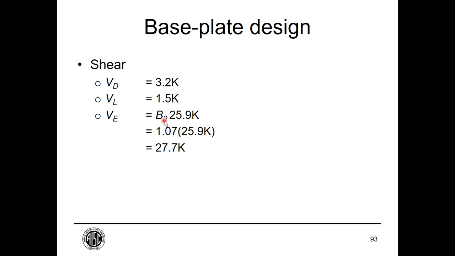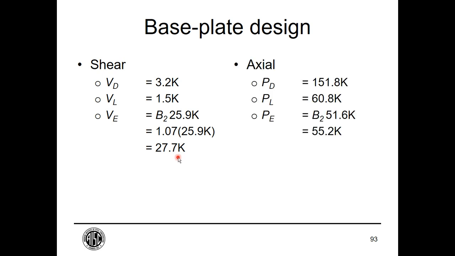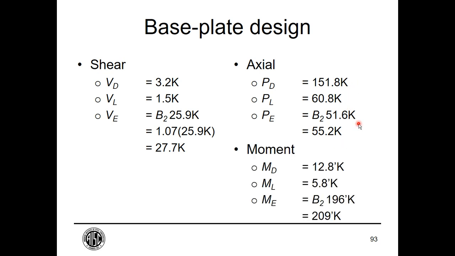And again, we apply B2 to the entire lateral analysis, and that gives us a shear demand for the entire base plate of about 28 kips. Axial load, we've got dead, live, and seismic, including that B2 factor. And then moment, again, a little bit of dead and live moment, but mostly due to seismic.